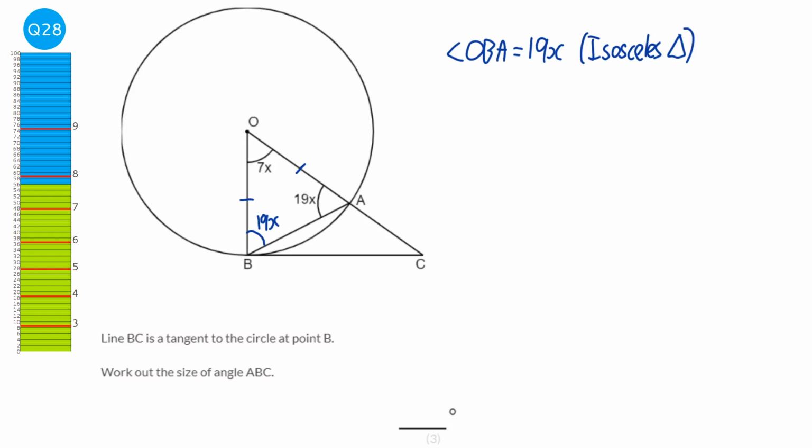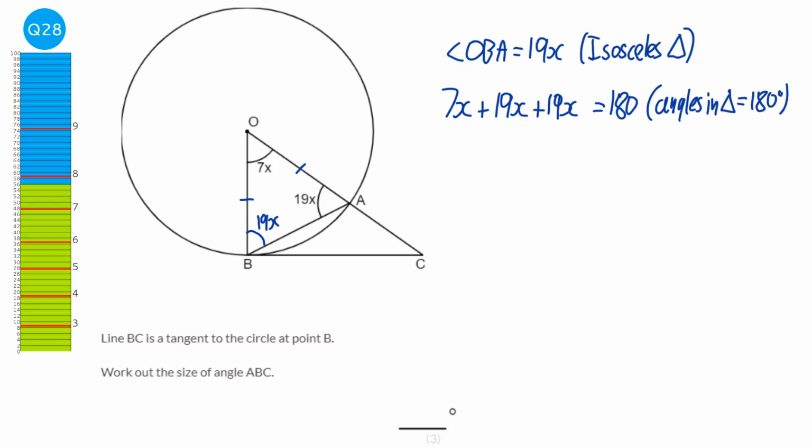Well, we also can work out x because, as I said before, we have a triangle here, and all angles in a triangle add up to 180. So we've got 7x plus 19x plus 19x equals 180 degrees, and this is angles in a triangle. Try and draw a better triangle, equal 180 degrees.